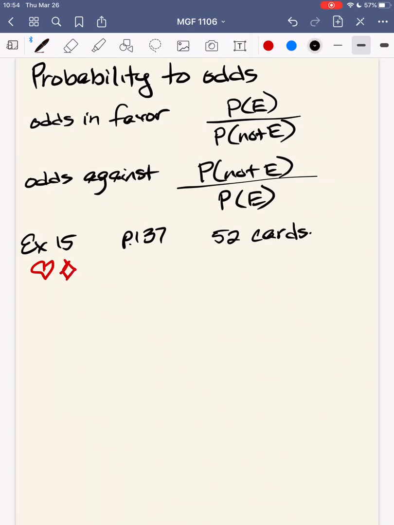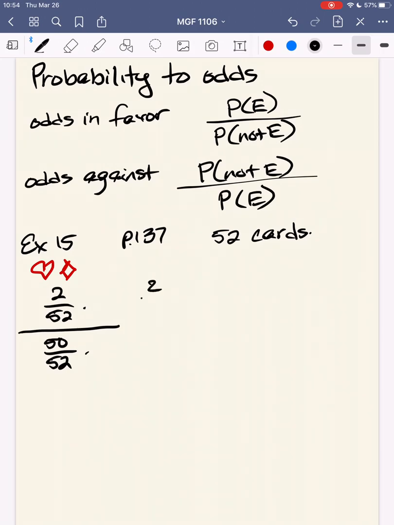So the probability of getting a red queen, because we're going odds in favor, is 2 over 52. Odds against are all the other cards, so if I subtract 2 from 52, I get 50 over 52. Now if you remember from your algebra, I know we said we weren't doing too much algebra, we're taking a fraction and dividing it by another fraction.